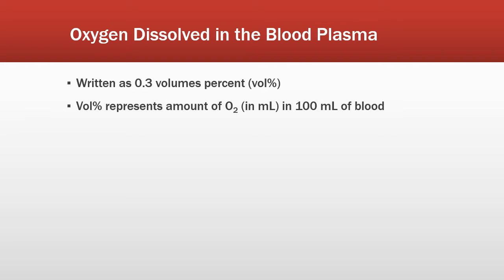We write this as 0.3 vols percent, V-O-L-S, percentage sign. Vols percent represents the amount of oxygen in milliliters in 100 milliliters of blood.